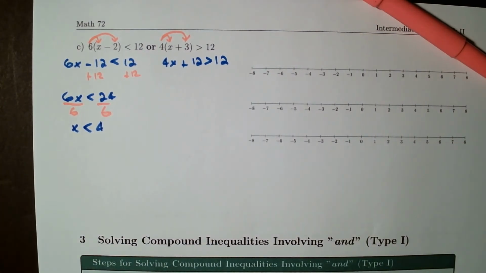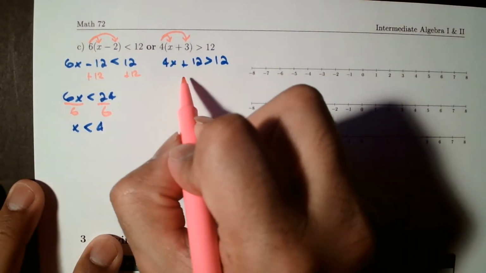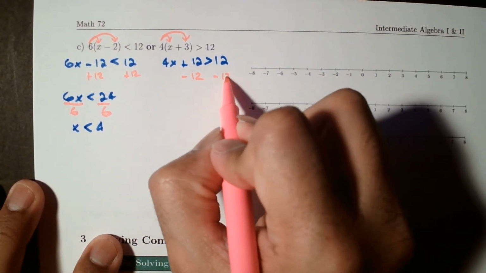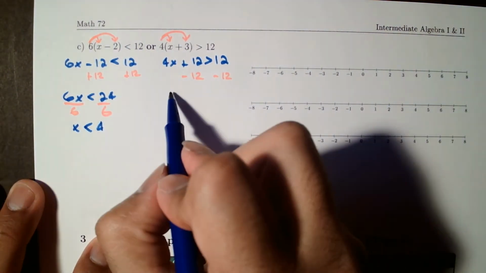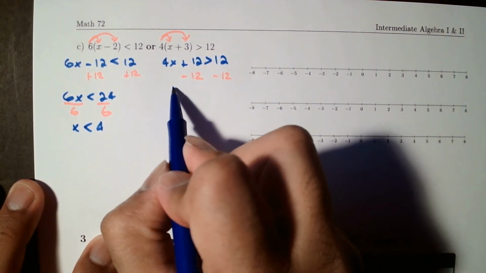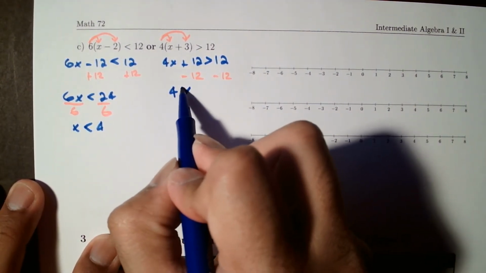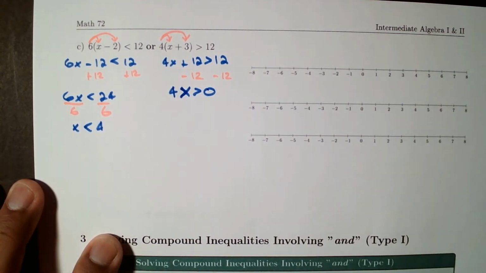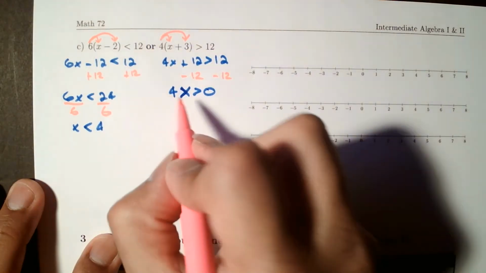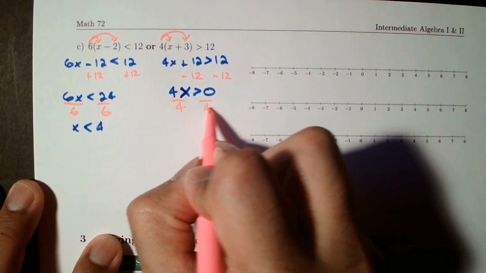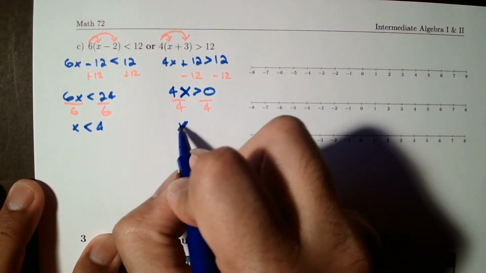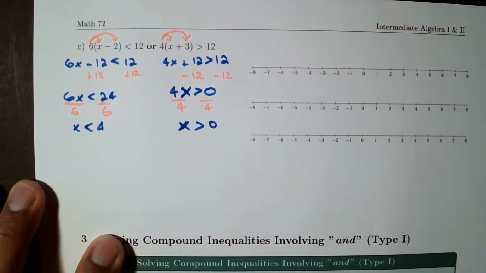In the next set, we're going to subtract 12 from both sides. That's going to zero these 12s out. So 4x greater than 0, and then divide both sides by 4. What are we going to have? In this case, x greater than 0.